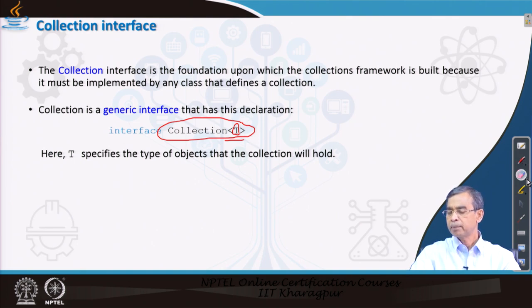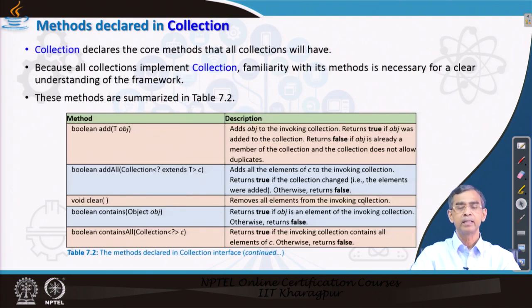So, this is the idea about the collection interface, and let us see what methods are there in it. There are many methods in fact, and one thing you should note is that an interface does not have any constructors, only methods, because an interface cannot be used to create any object. That is why no constructor is there in the interface.